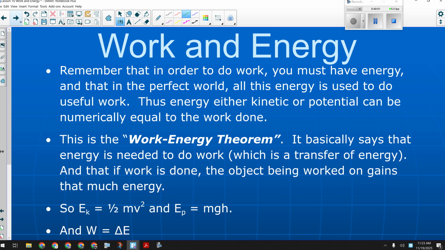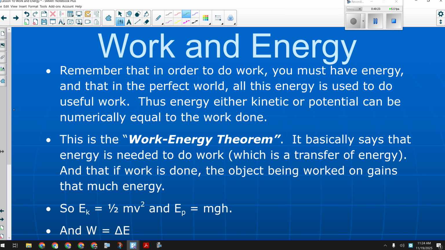It has to have either potential or kinetic or both. Everybody okay with that idea? And if it transfers all of its mechanical energy, it could do that much work. If it had 500 joules of mechanical energy, it could do 500 joules worth of work on another object, but no more.